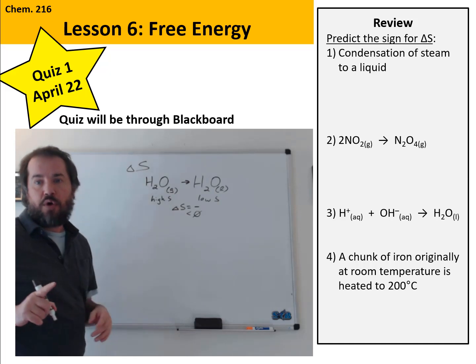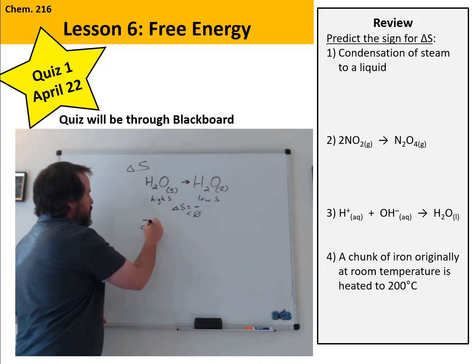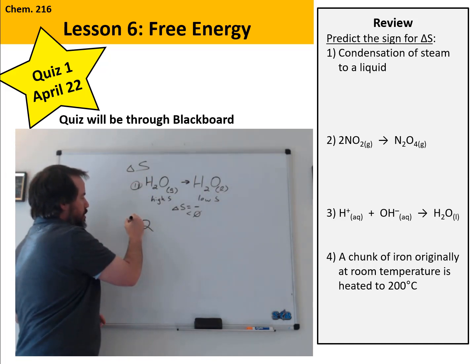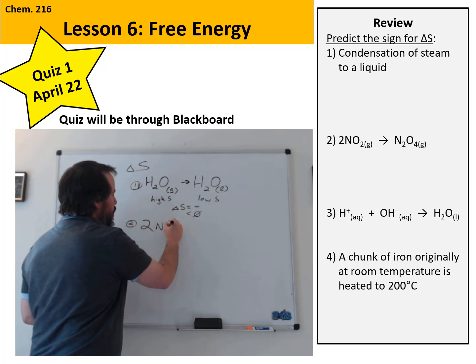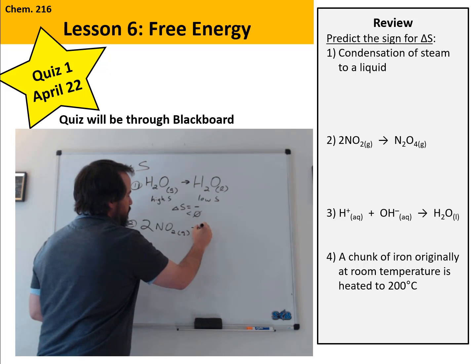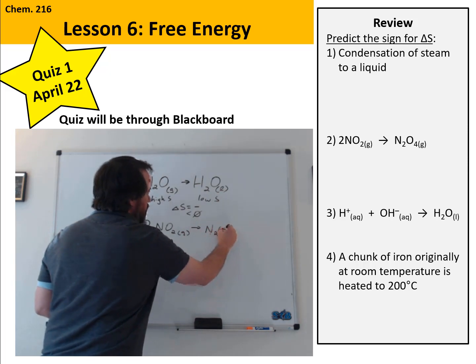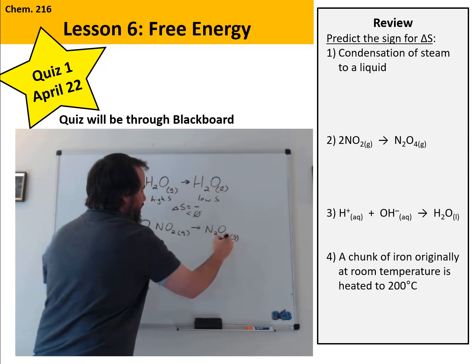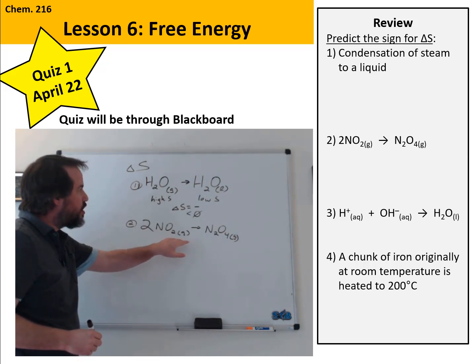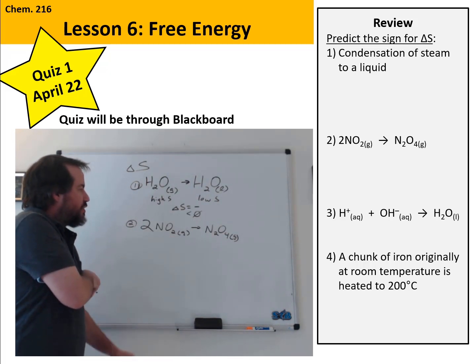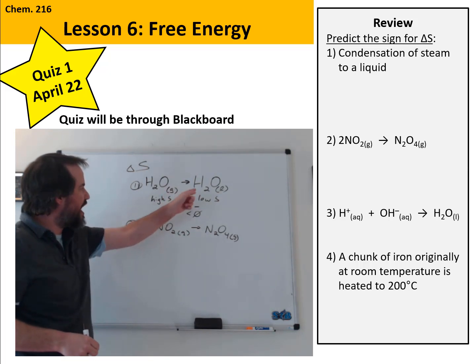Okay, number 2, we're going from 2NO2 gas to N2O4 gas. There was a special case whenever we are dealing with gases. Notice we're going from gas to gas, so we can't say that.